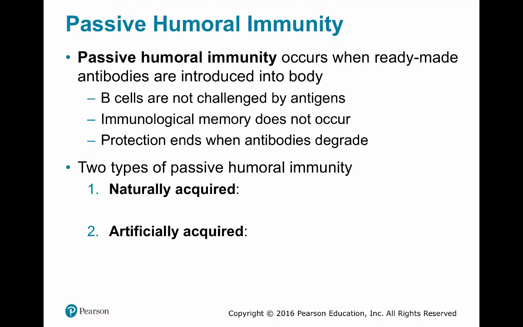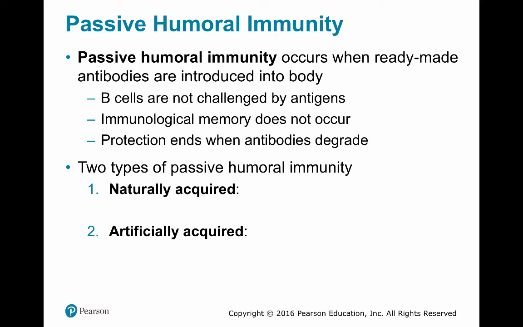Now we have what's called passive humoral immunity, and this occurs when ready-made antibodies are introduced to our body. B cells are not challenged by antigens. Immunologic memory does not occur. Protection ends when the antibody degrades. And so there's two types of this.